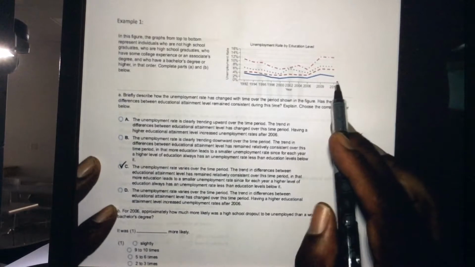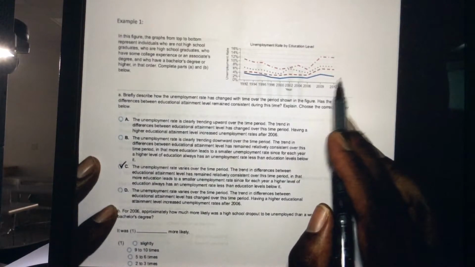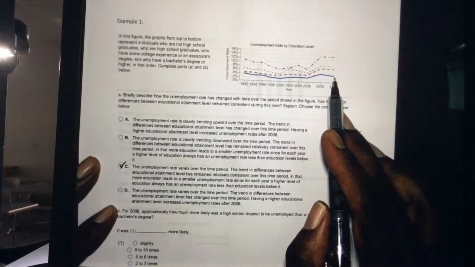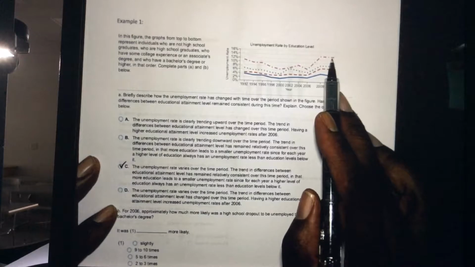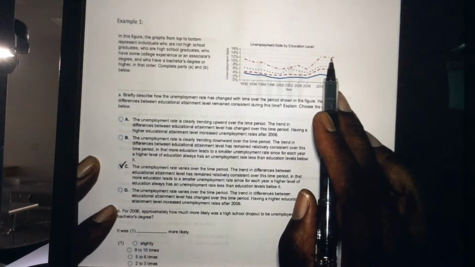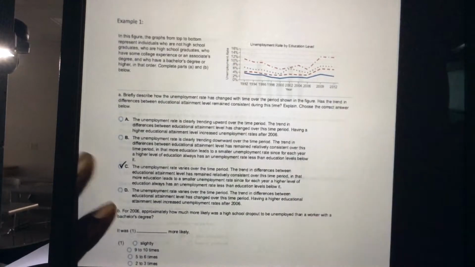Okay? In other words, what they're saying is this: the more education you have, the less likely that person would be unemployed. And that makes sense here because at the top, the unemployment rate for someone without a high school diploma tends to be more than someone who has a bachelor's degree or higher.